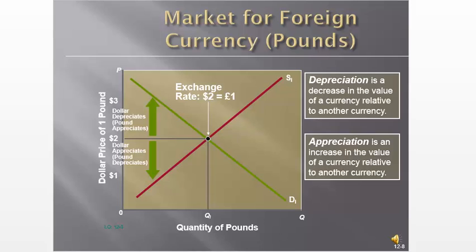The upward arrow demonstrated here is a reminder that a higher dollar price of pounds, let's say $3 per pound, caused by either a shift in the demand or the supply curve, means that the dollar has depreciated versus the British pound, and that the pound has appreciated versus the US dollar.